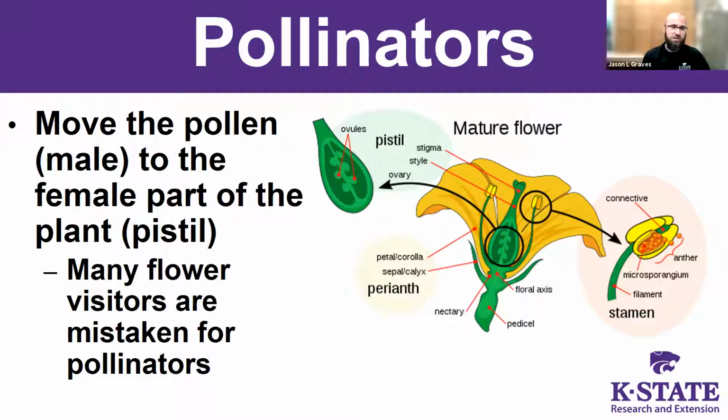Not all of them are necessarily pollinators, but the pollination process is moving that pollen to the pistil and allowing that plant to form a seed and to reproduce. And so this is the process that we're talking about.